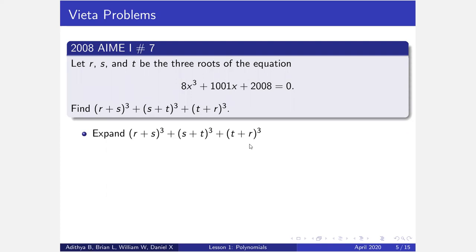As a lot of people have been saying in the chat, what is probably a better idea is to notice that there is no x squared coefficient, which means that the sum of the roots is 0. So r plus s cubed is actually equal to negative t cubed.